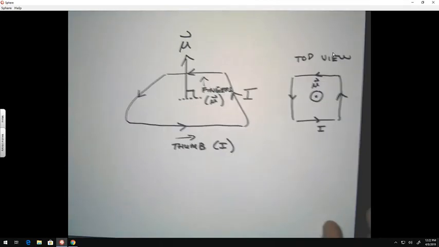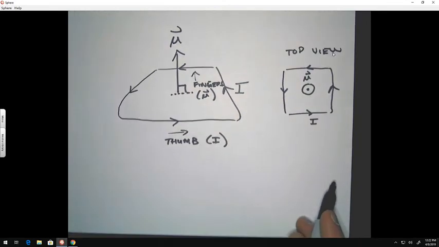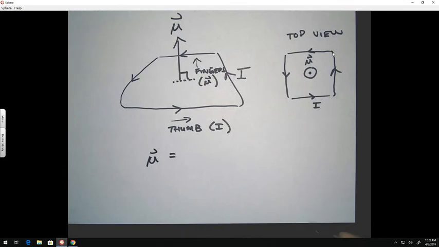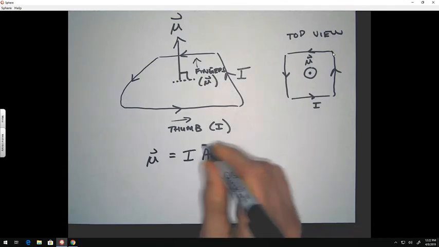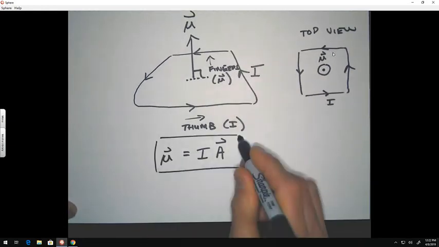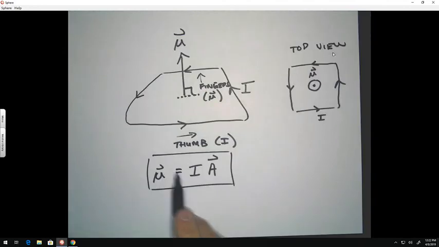Okay, so this is how we define the direction of the dipole moment vector. We're going to define it fully with that relationship. And so we're going to say that the dipole moment vector is actually the product of the current in the loop, I, times the area vector.